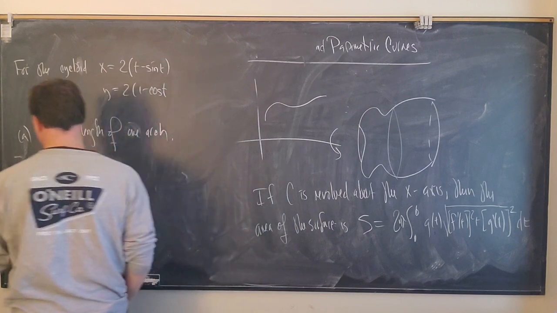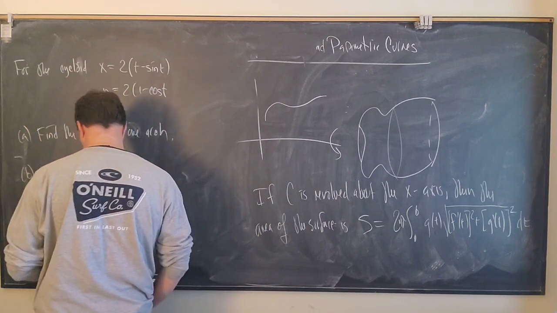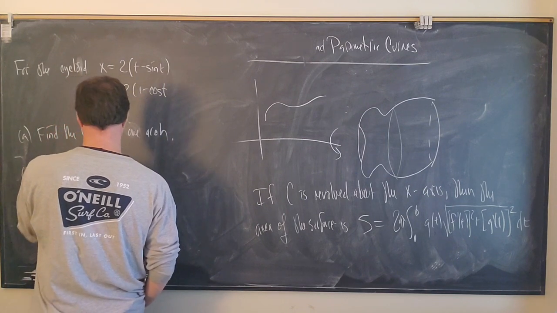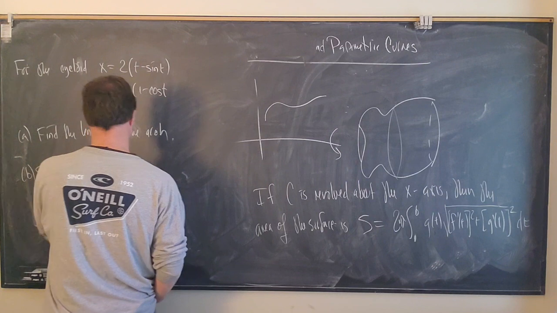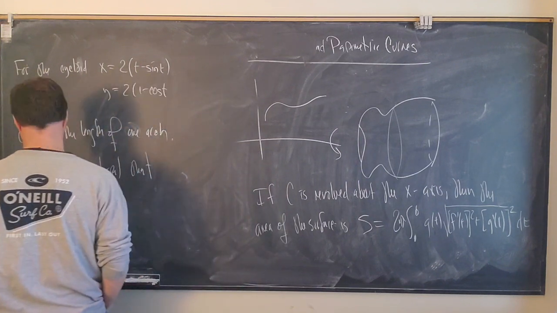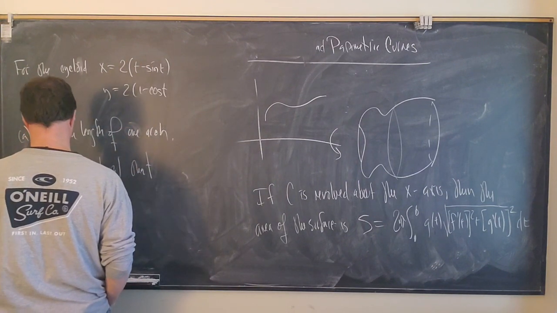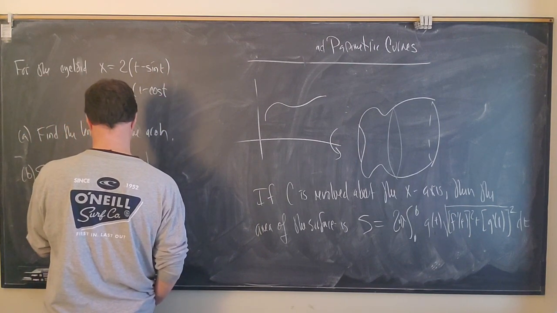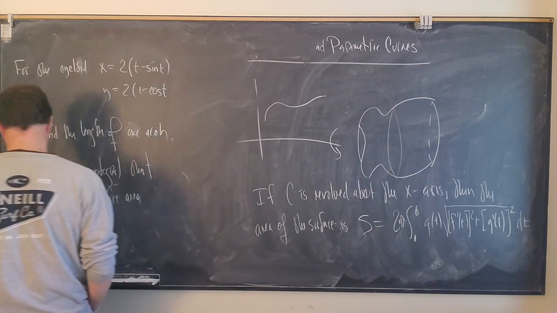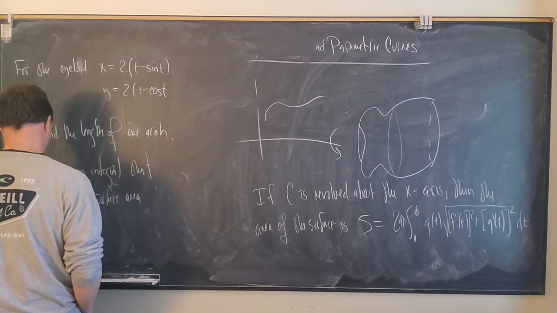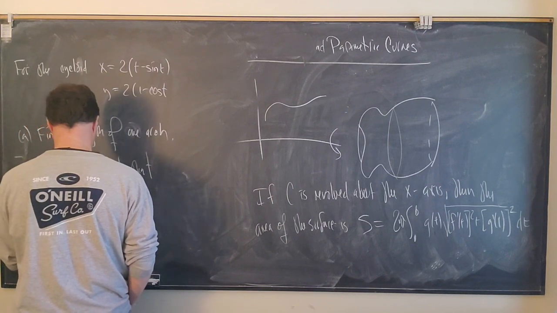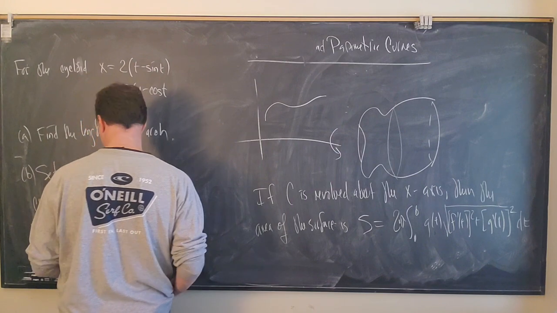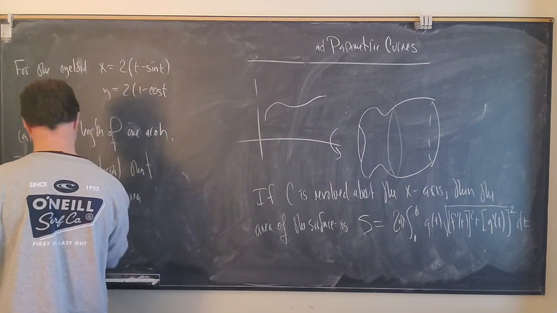And then part B, set up an integral that computes the area, or the surface area, if revolved about the x-axis. And I really should say if one arch is revolved.